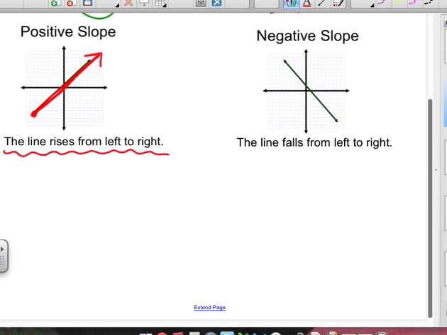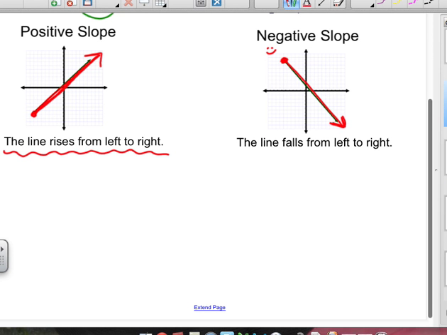On the other hand, if you look at your line and you start on the left side, so I'm starting here on the left side of the graph, and I follow the line and I notice that it's going down to the right. It's going in the down direction. Or this is you right here on your bicycle, you start at this beginning point and you're riding your bike downhill.